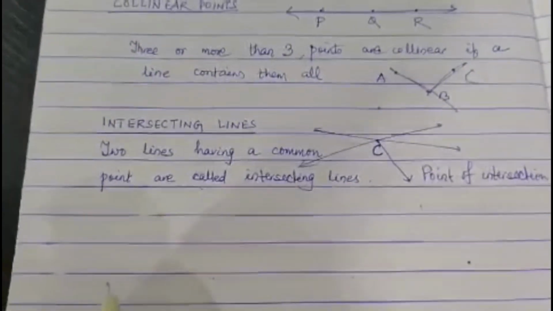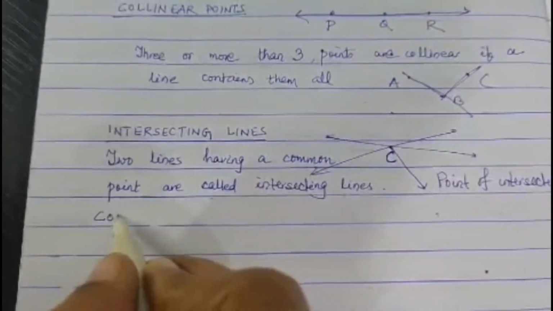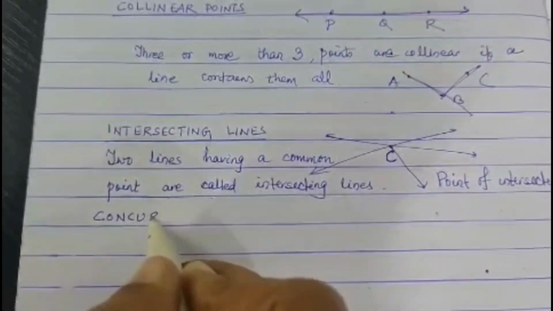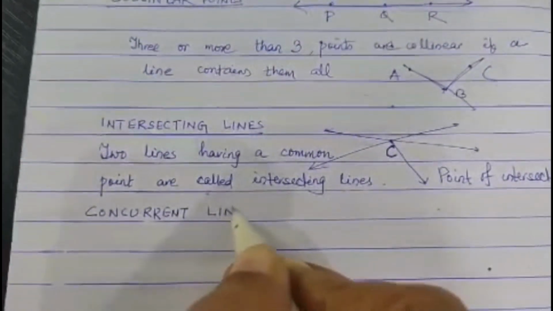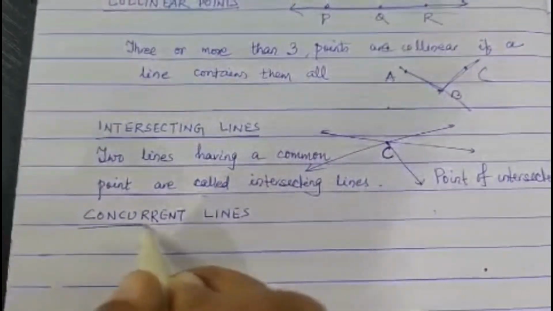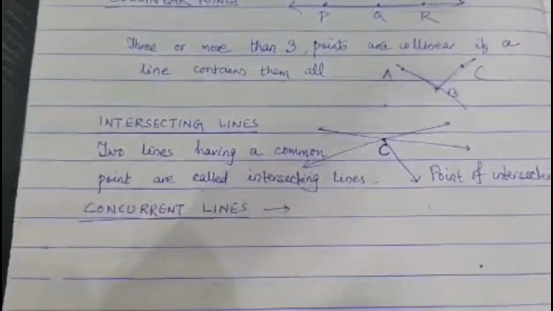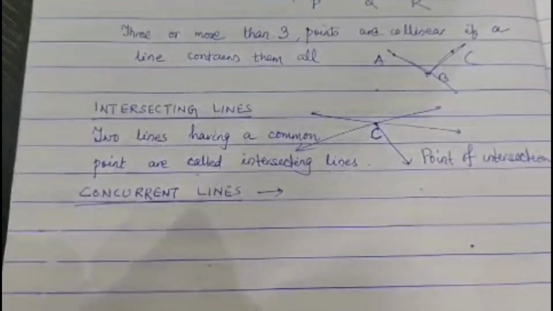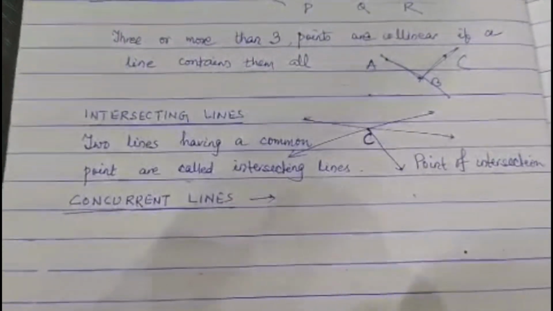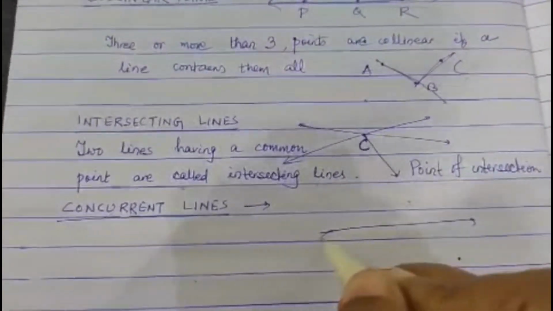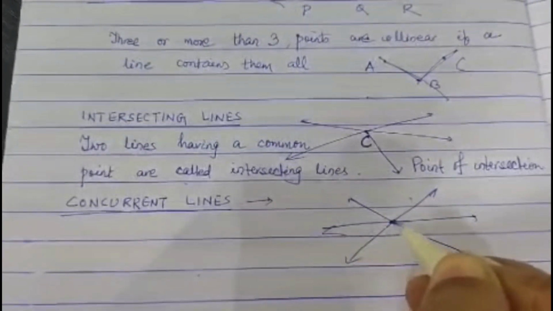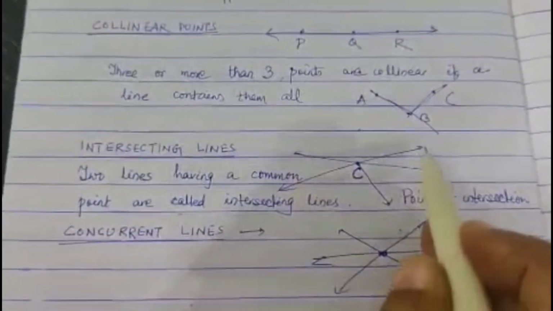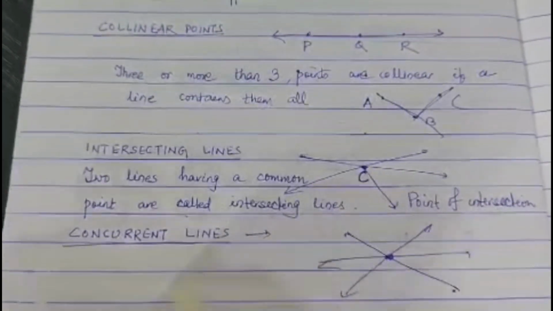Okay. Now let's come to concurrent lines. So what are concurrent lines? If 3 or more lines intersect at the same point, like this is a line, this is a line, this is a line, 3 lines intersecting at the same point. If 2 lines intersect at a point, they are called intersecting lines.